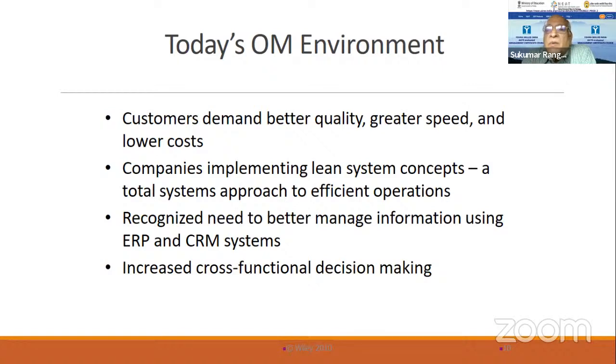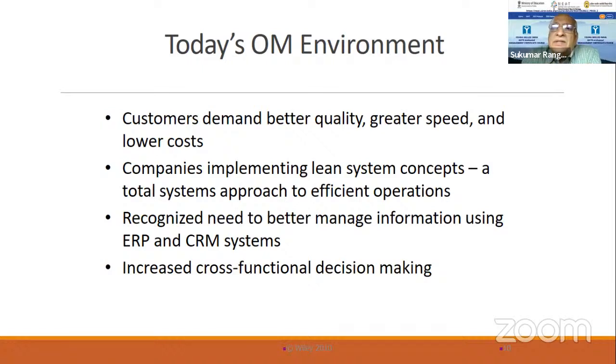The moment you find that there is a better product or a better service, customers are willing to switch over. So customers demand better quality, and you can retain the customer only when you are able to consistently deliver better quality, not once, but consistently. So better quality, greater speed, and at lower costs, because now everywhere, the prices are coming down in most of the cases, right?